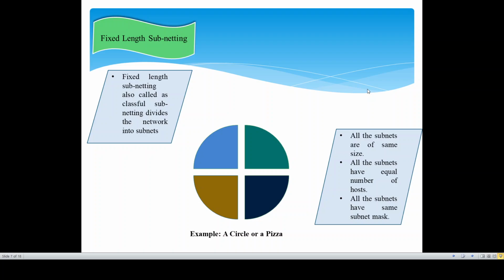Whatever is given to subnet 1, the same is given to all the other 3 subnets. The subnets are of the same size, the number of hosts given is also the same, and all 4 subnets have the same subnet mask. You may see here a circle, or a pizza: a full-sized pizza divided into equal sizes, subnet 1, 2, 3 and 4.